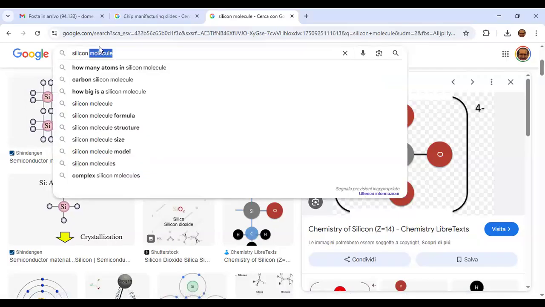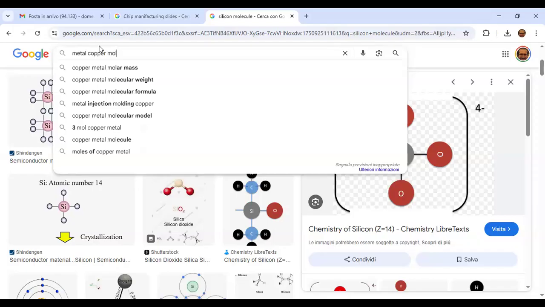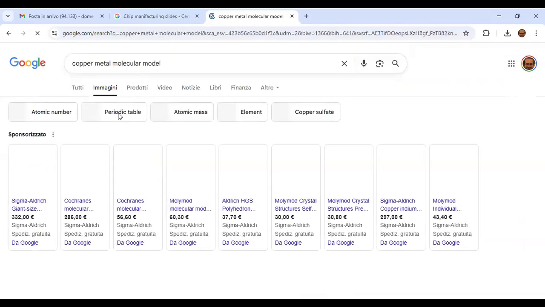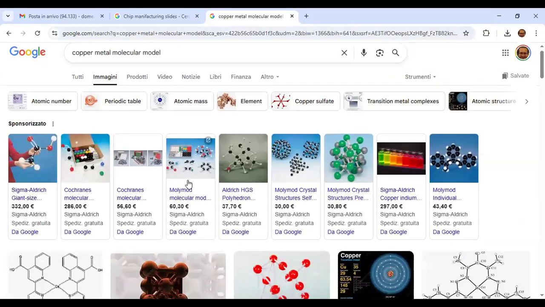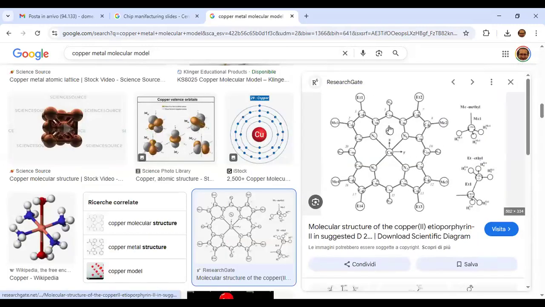I will just share with you, for example, the molecular structure of metals, okay. This is an example of how copper is in reality, okay?